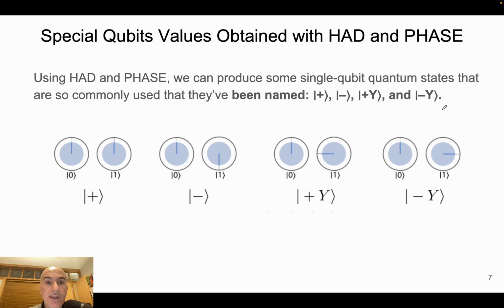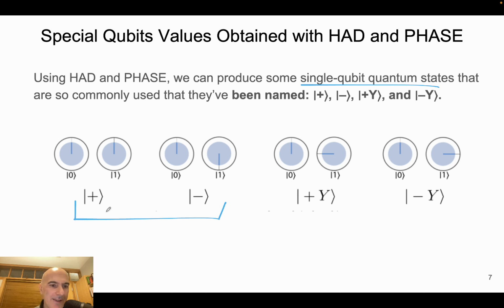The Hadamard gate and the phase gate allow us to produce very famous single qubit quantum states that are heavily used in quantum computing, and for that reason they get a special, quite fancy name.